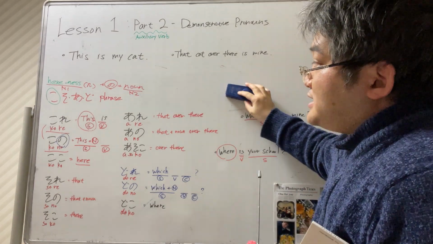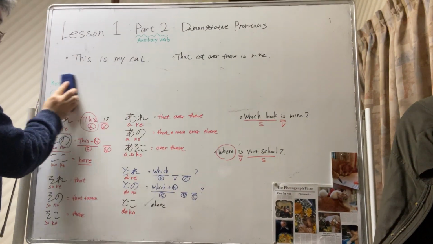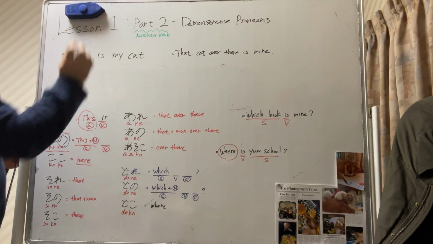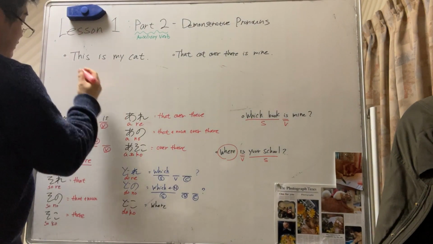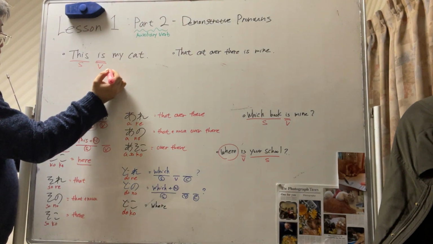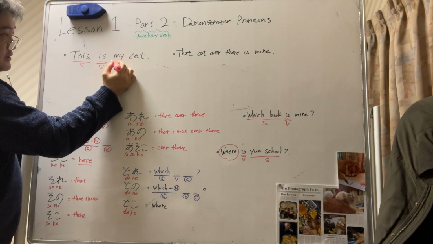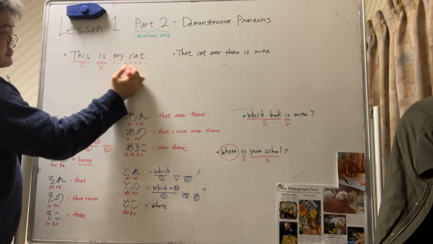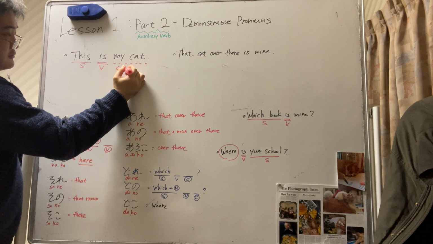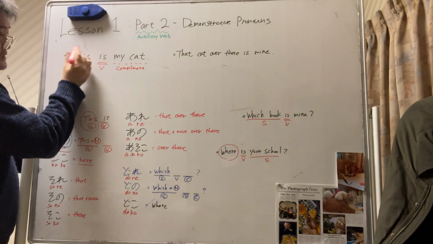So according to this, let's see how this goes. This is the subject and this is the verb, and then it's a complement, right? Elaborating like this.